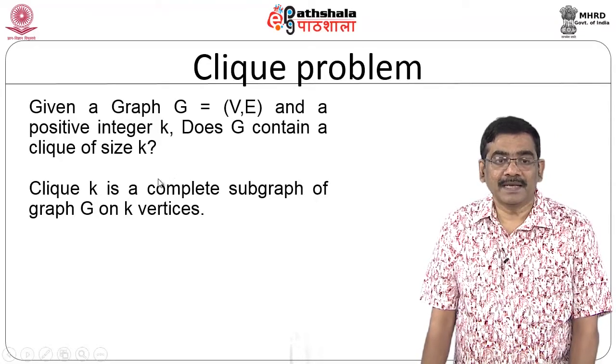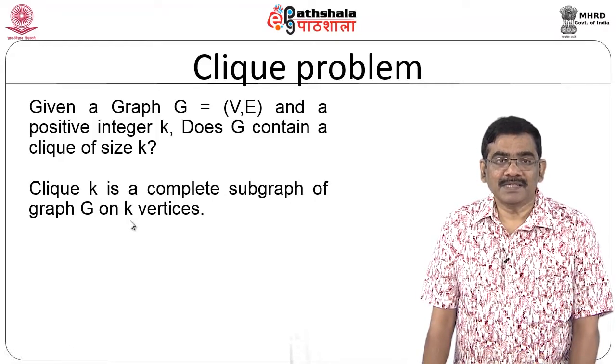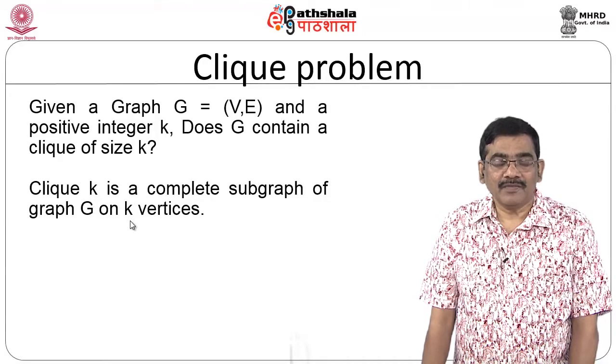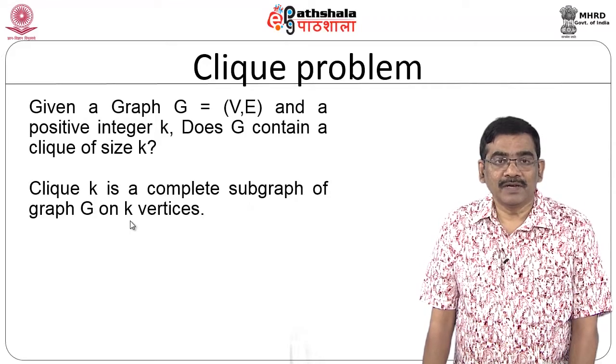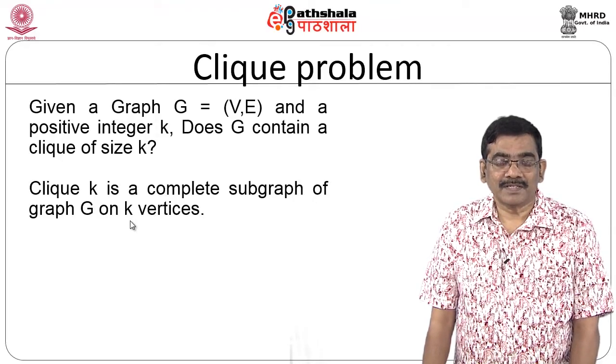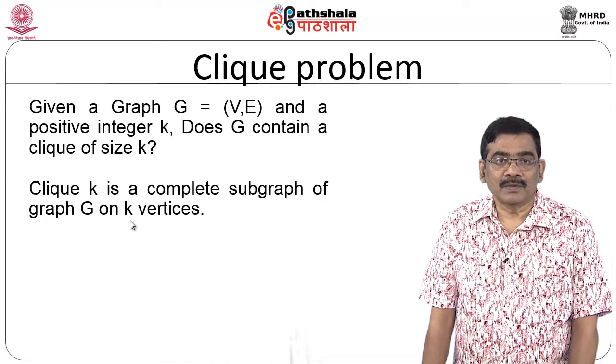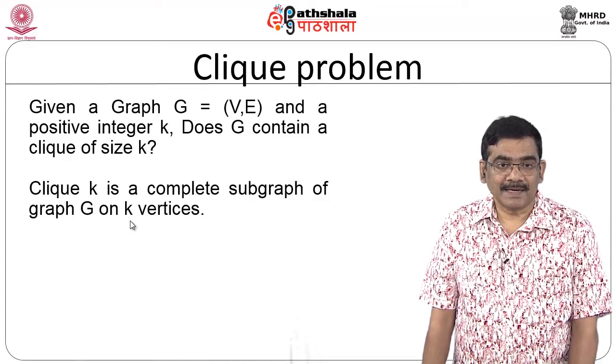A clique of size k is a complete subgraph of graph G on k vertices. In other words, given a graph, you have to find a subset of vertices that are fully connected with each other, a subgraph of k vertices that we call the clique.